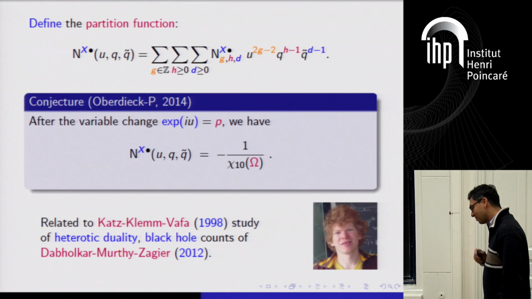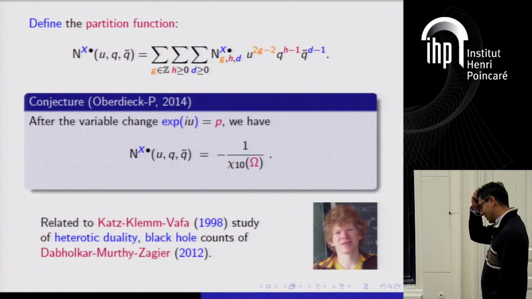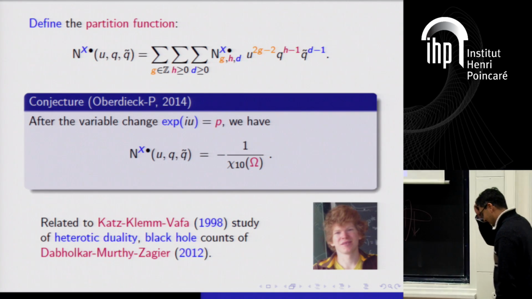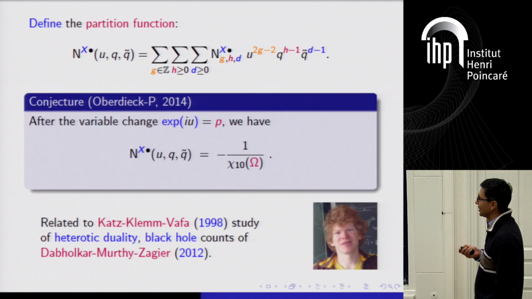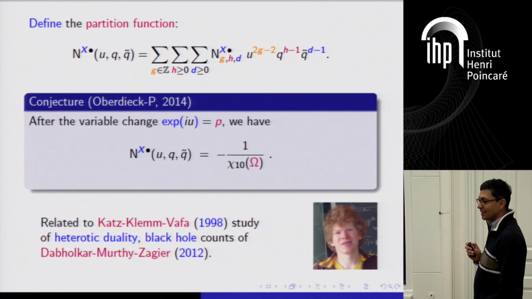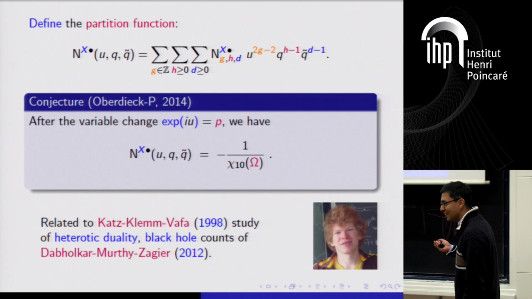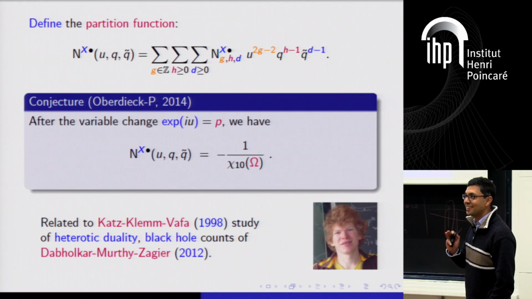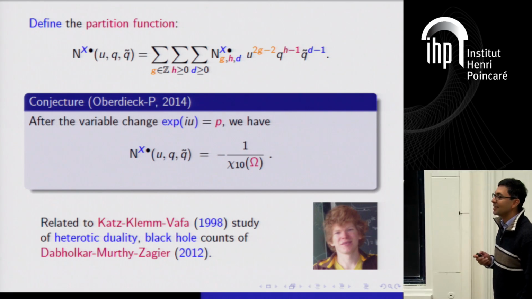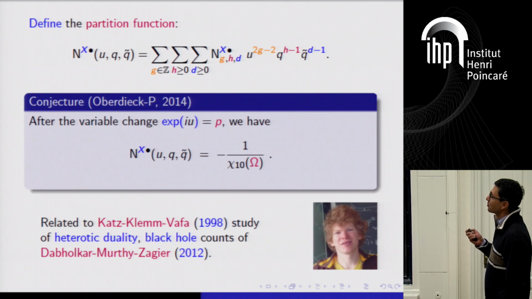In fact, I was on an island in Holland discussing this matter with Zagier some years ago, before 2012, maybe 2010. Before I was working on this problem, he was explaining to me that this chi10 should appear in this subject. It took me 5 years to understand. He was right about it.